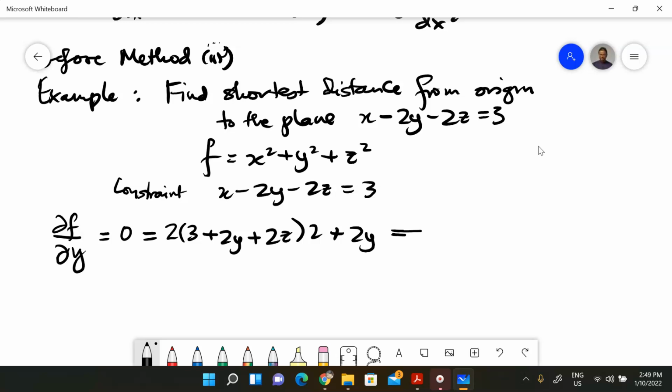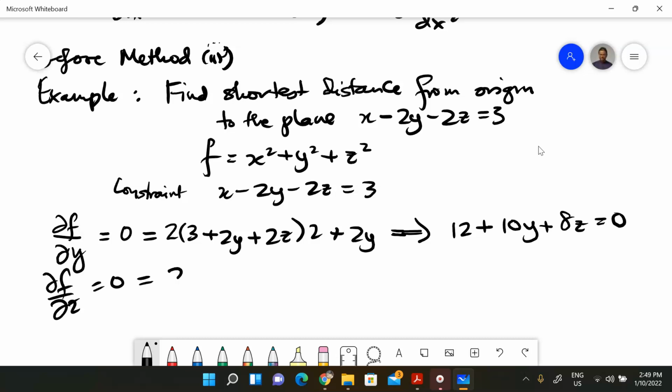This implies the following: 12 plus 10y plus 8z equals 0. Then you have the other one, this z equals 0. So you need to do some algebra for this.